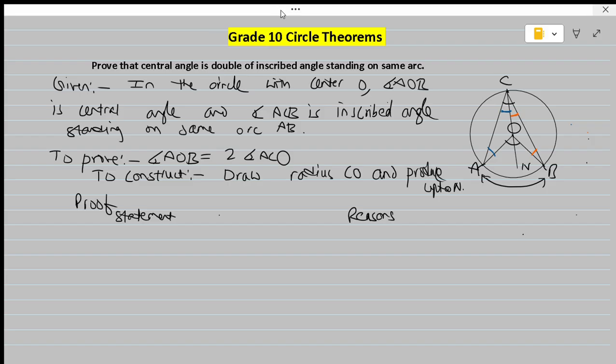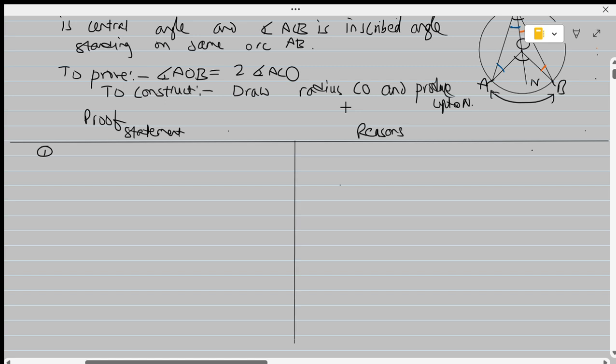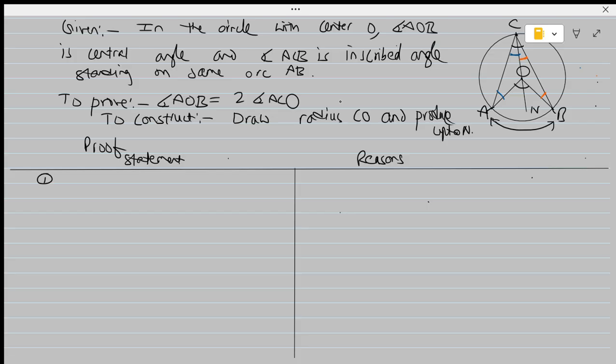So in the proof we go with number one: in triangle ACO, angle OAC equals angle ACO. The reason is base angles of an isosceles triangle.